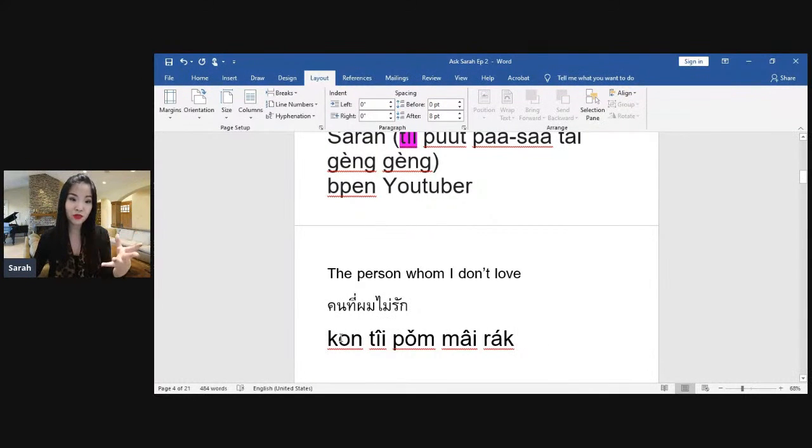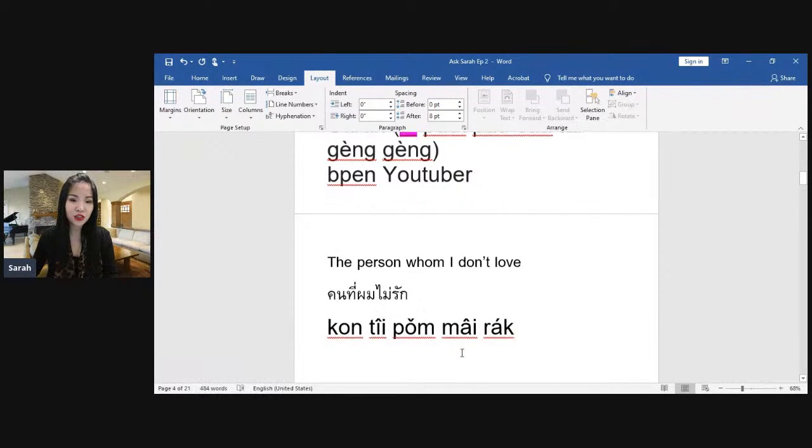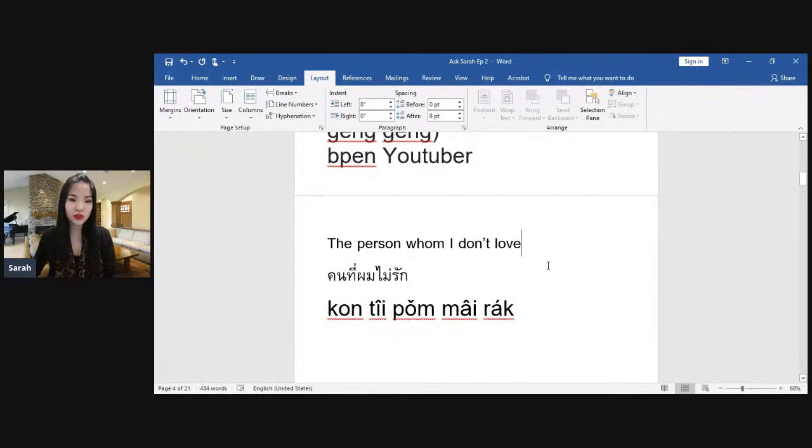There's no main verb here; anything that comes after ที่ is not the main verb yet. You need a complete sentence, so you cannot drop it. Maybe I should have given the full sentence: the person whom I don't love is Sarah. Let's put my name: คนที่ผมไม่รักคือ Sarah. The person that I don't love is Sarah. Oh, that's so sad.